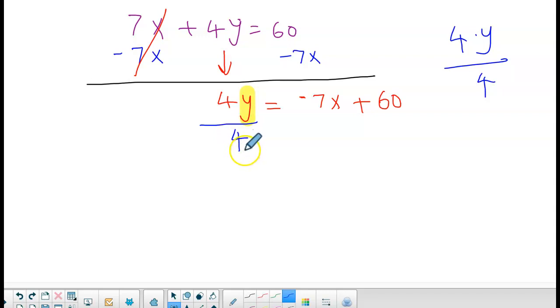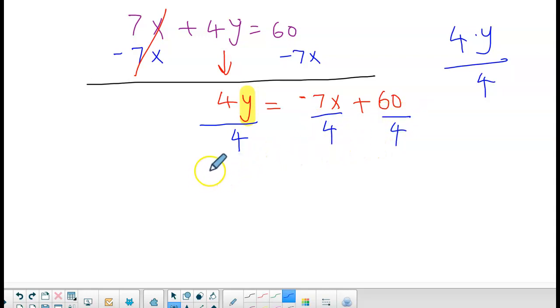When you divide the left hand side by 4, the whole of the right hand side also should be divided by 4. That is minus 7x plus 60 divided by 4. Both the terms are divided by 4. So in short, I can write this separately as minus 7x divided by 4 and 60 divided by 4.